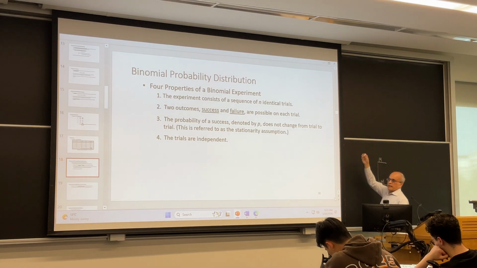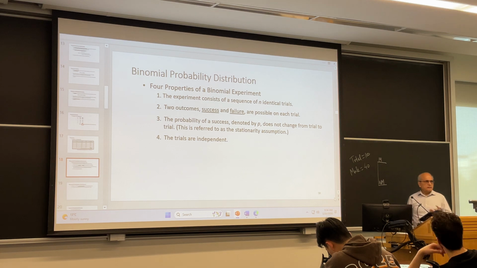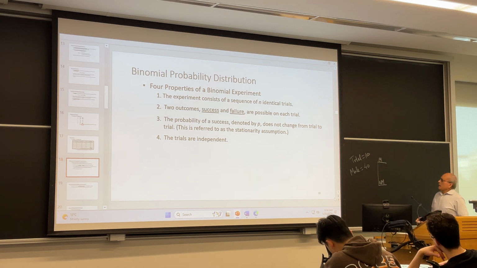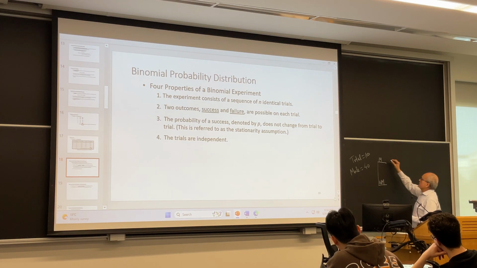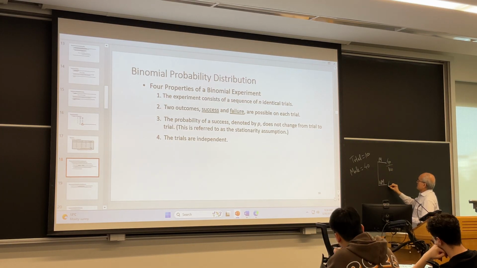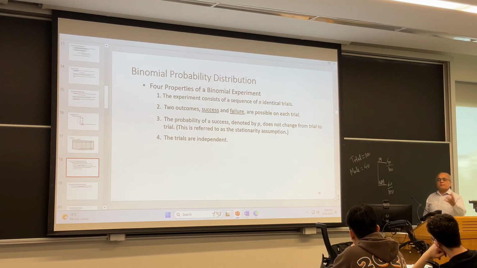Now, so there are total 100 students. Same thing, right? 40 over 100. So what's the probability that a person is a male? 40 over 100, and this is 60 over 100, right? I picked one person.